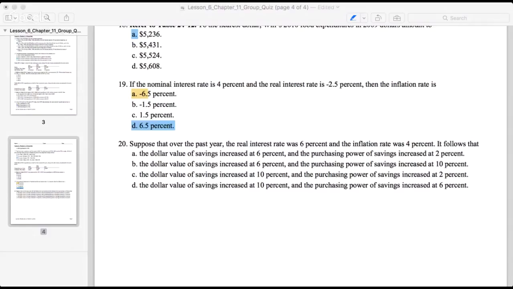So your dollar value savings has increased 10%, but your purchasing power has only increased 6%, because the purchasing power equals the real interest rate, which considers the inflation. Oh, okay. That makes sense. Thank you.